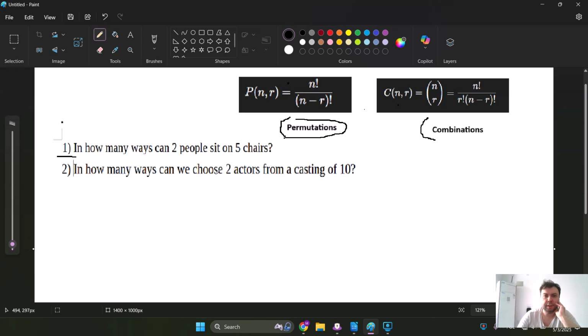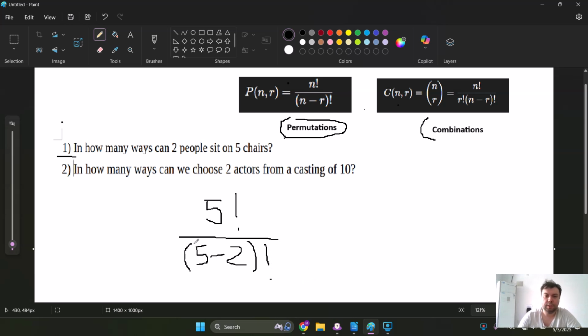So we see the main set is 5. We have 5 chairs. So we write 5 factorial divided by n minus r factorial. So in the bracket we write 5 minus 2. As it is in a bracket, it has to be done first.